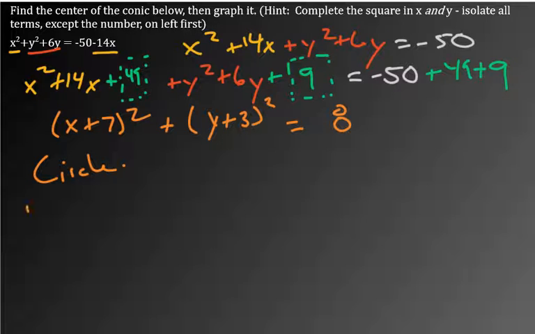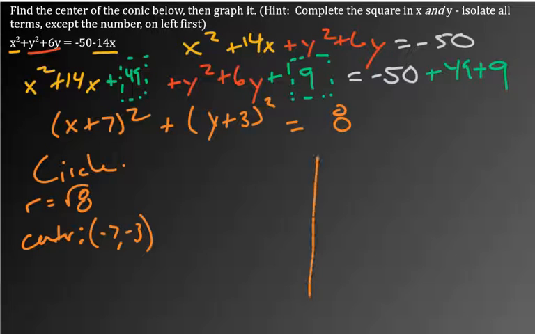It has a radius of the square root of 8 and a center of negative 7, negative 3. If we were going to make a quick sketch of it, let's call that negative 7, let's call this negative 3. The square root of 8 has to be less than 3 because the square root of 9 is 3.